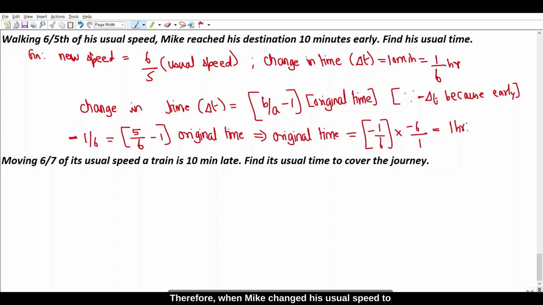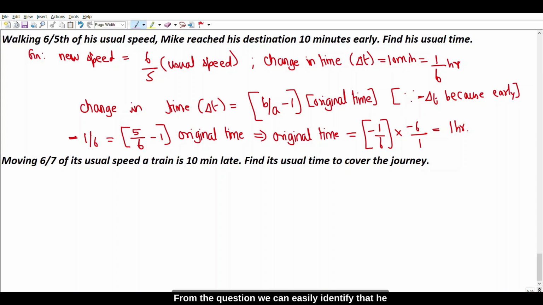Therefore, when Mike changed his usual speed to 6/5 of his usual speed, then he reached the destination 10 minutes early. Thus, the usual time at which he traveled is equal to 1 hour.